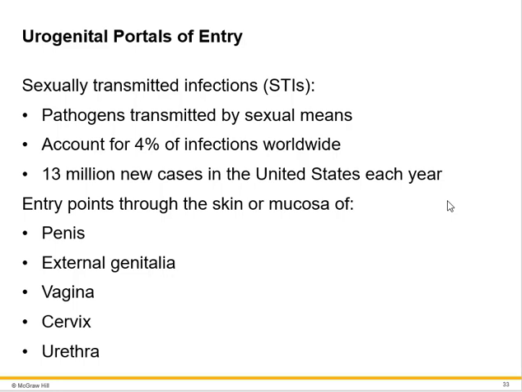Pathogens are transmitted by sexual means, and they account for about 4% of the infections worldwide, a lot of those being HIV. 13 million new cases in the United States every year, and they can enter through various points of the skin or the mucosa, including the penis, external genitalia, the vagina, cervix, and urethra.